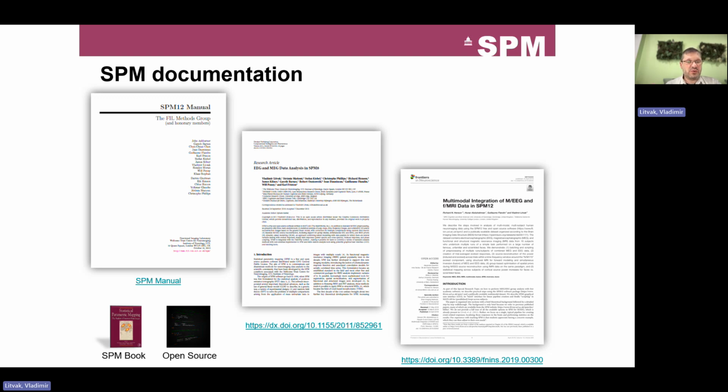Another source of information is just the SPM code, which is quite well structured and well documented. So if you really want documentation about specific functions or low level interfaces in SPM, you can look in the code itself.